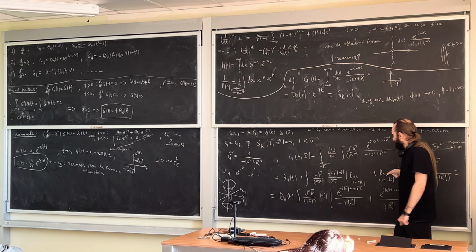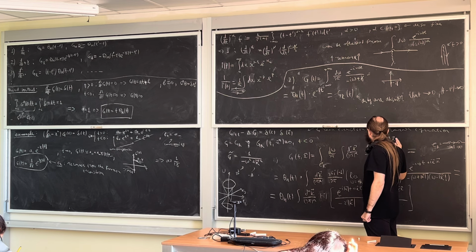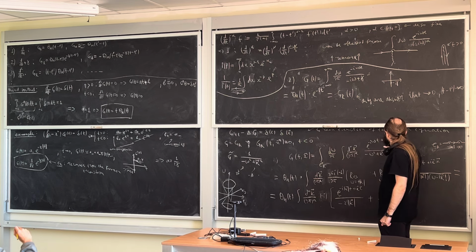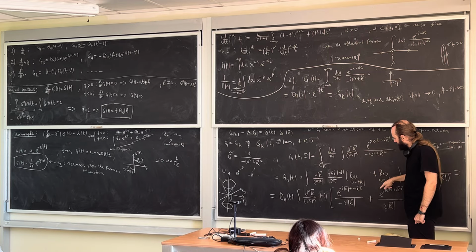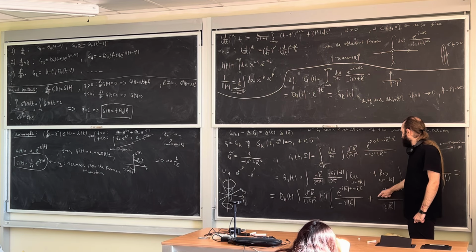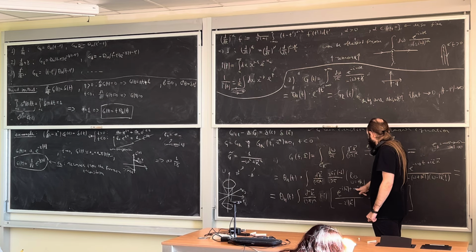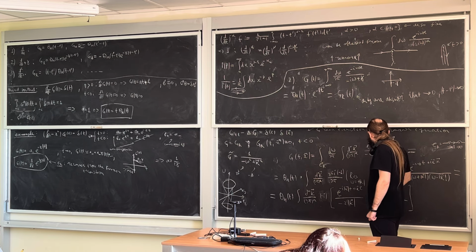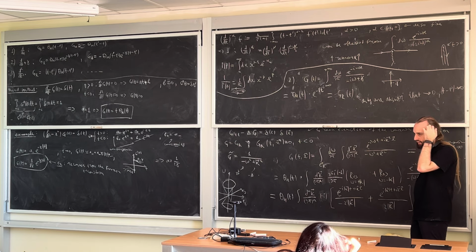We are simply solving this equation with k squared and putting x equal to 0. So we will have this sine of k t over 2k times Heaviside theta.